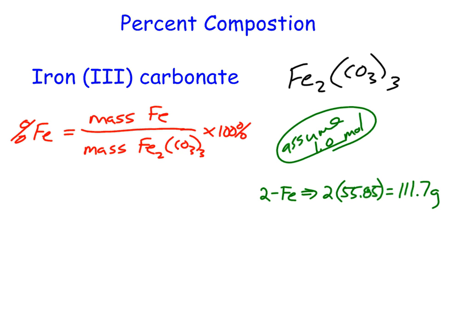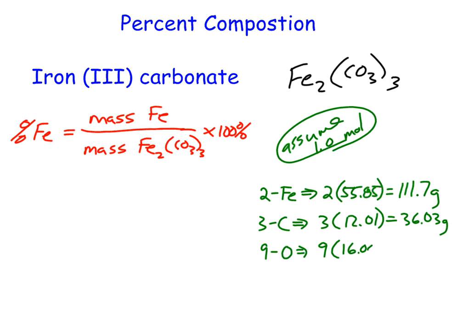Continue on, 3 carbon atoms in 1 mole of the compound, 3 times 12.01 would give us 36.03 grams, and 9 moles of oxygen in 1 mole of the compound, 9 times 16, 144.0 grams. And then if we add all that together, we get 291.7 grams for the mass of the whole compound.